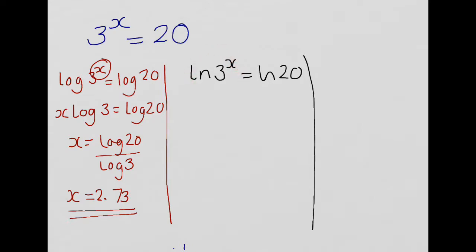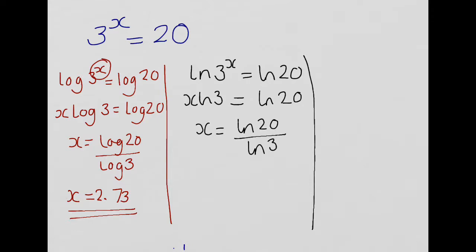So I can then say x natural log of 3 equals the natural log of 20, and x equals the natural log of 20 divided by the natural log of 3. And again, typing that into your calculator, you end up with, to 3 significant figures, x equals 2.73.